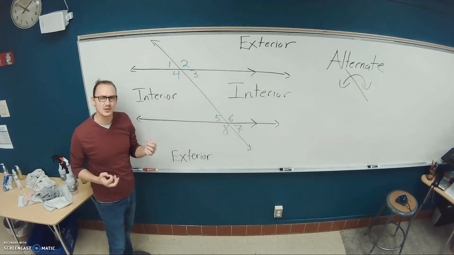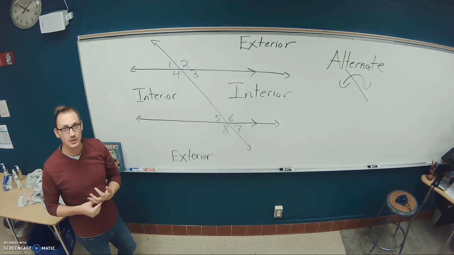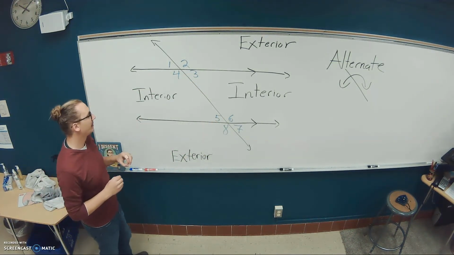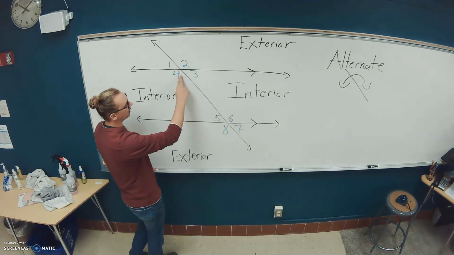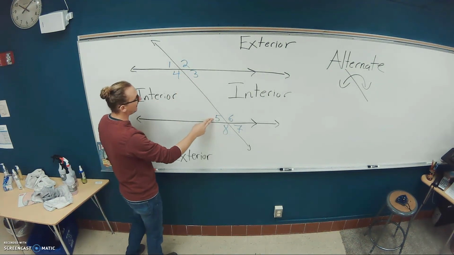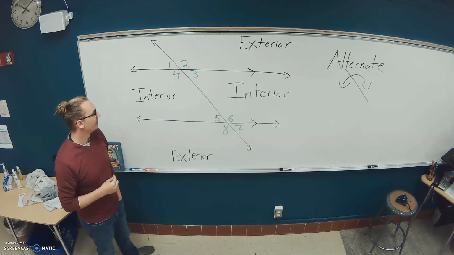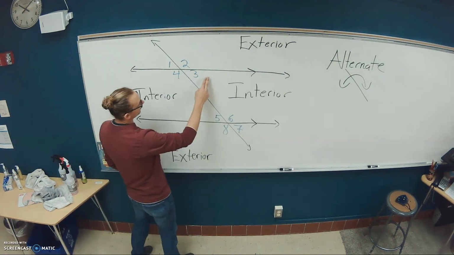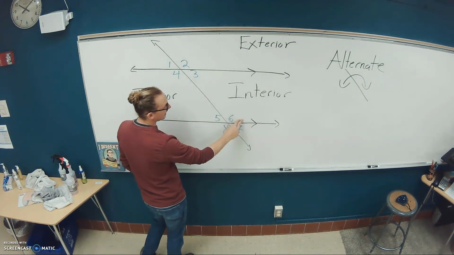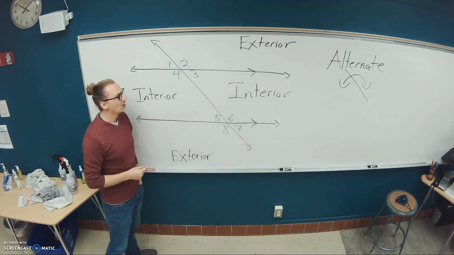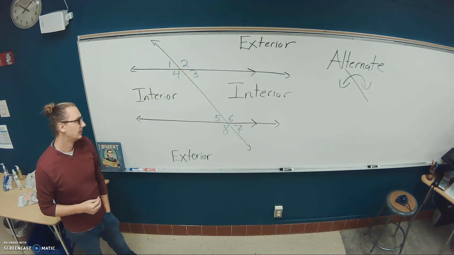And what you'll notice about same side interior angles is that they are always supplementary. So angle 4 plus angle 5 will always give me 180 degrees. Angle 3 plus angle 6 will always give me 180 degrees.